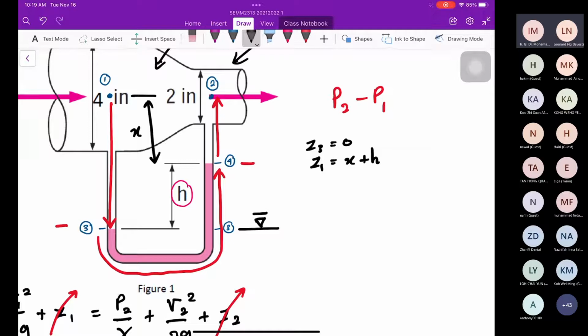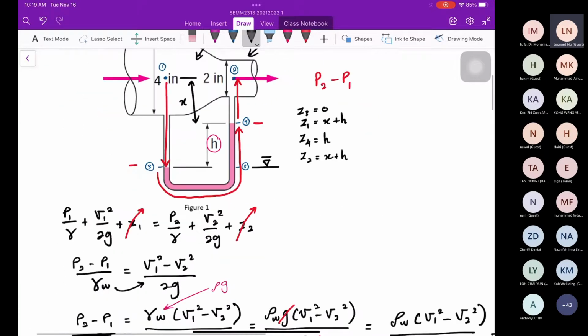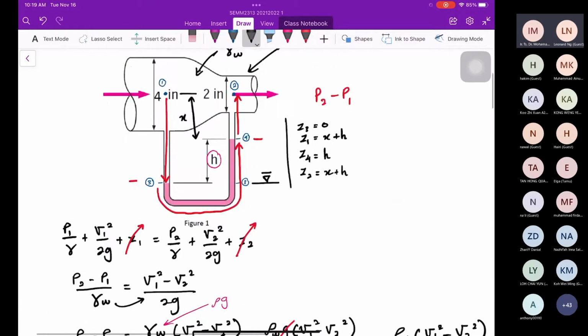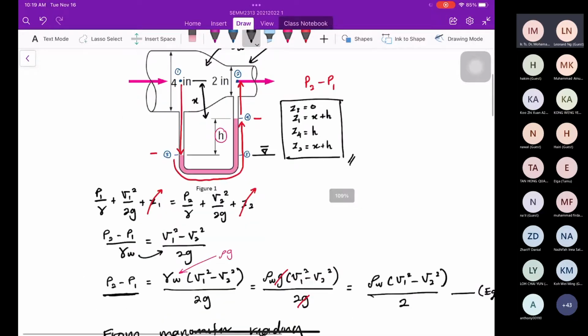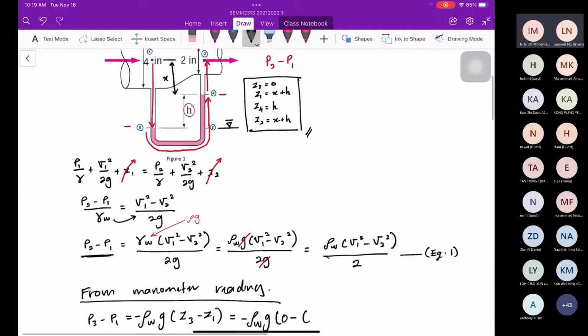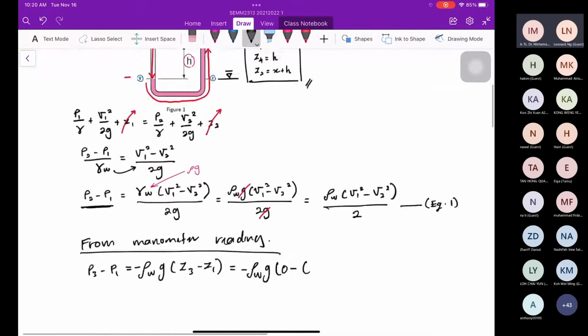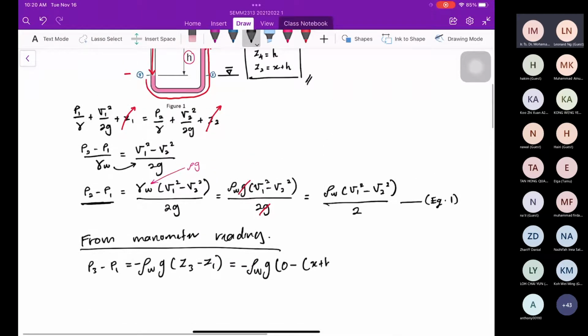Z4 equal to H. Z2 equal to the same. So from here, this is our reference. So Z3 minus Z1, which is X plus H.